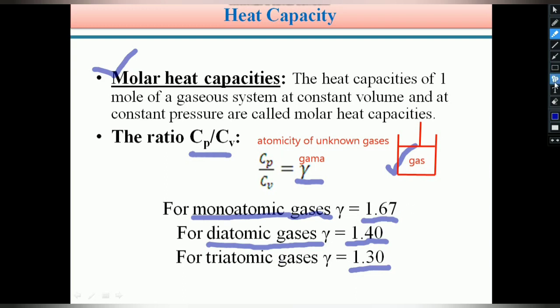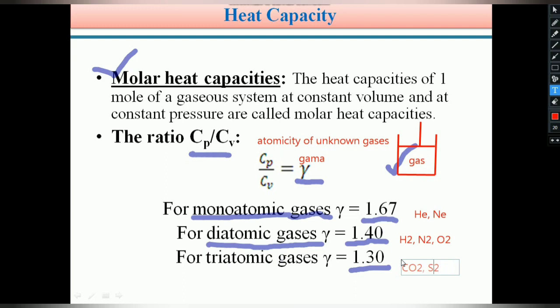For example, students, for monoatomic gases you can take noble gases: helium, neon, argon. These are all examples of monoatomic gases. For diatomic gases we can take H2, N2, O2. These are all diatomic gases. For triatomic gases, CO2, carbon dioxide, and SO2, sulfur dioxide.